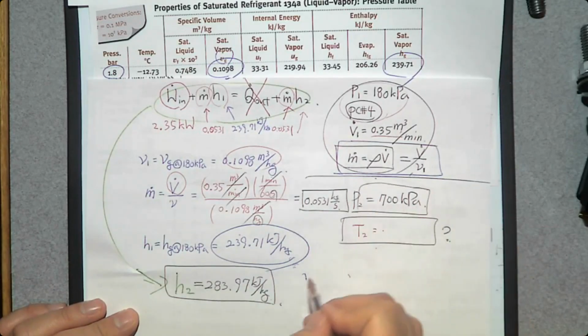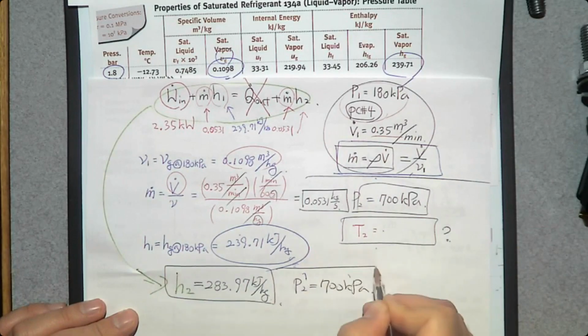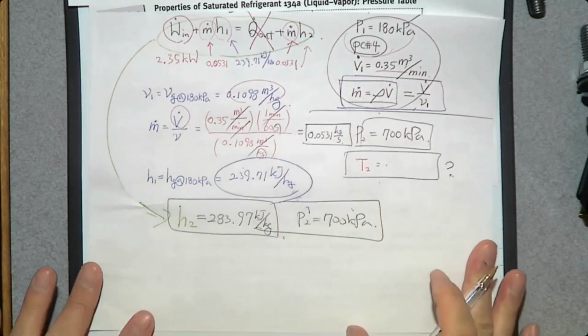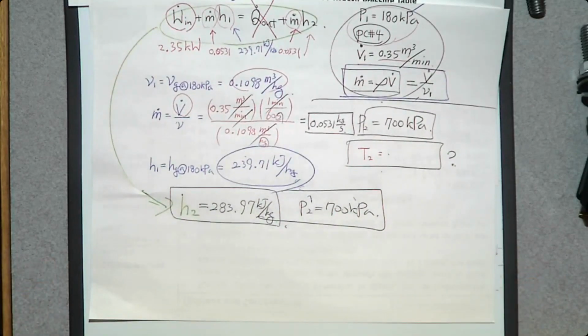Now we have pressure and H2, 700 kilopascal. So if you know pressure and H, can you determine T? Yes, we can. A simple table problem that you saw in the first exam.